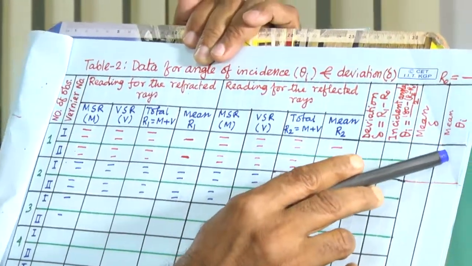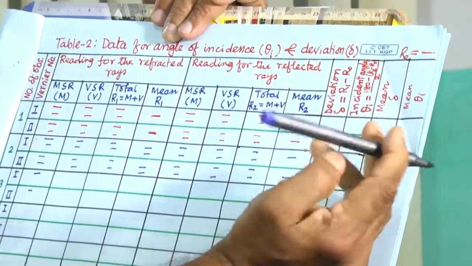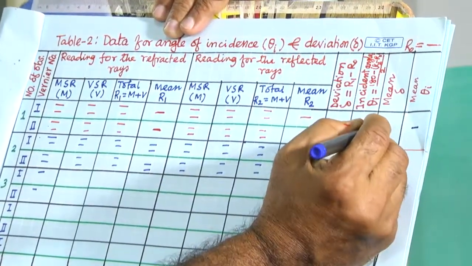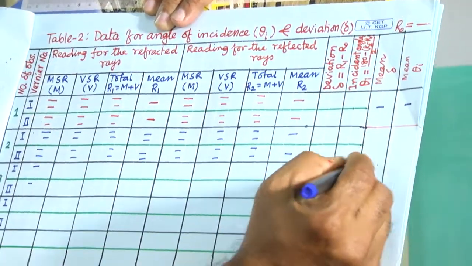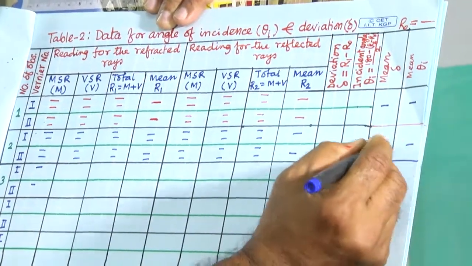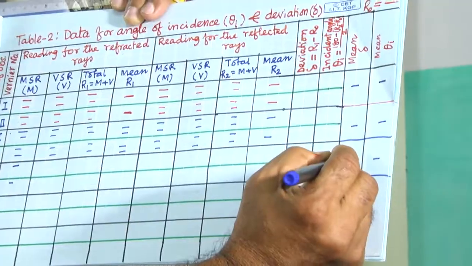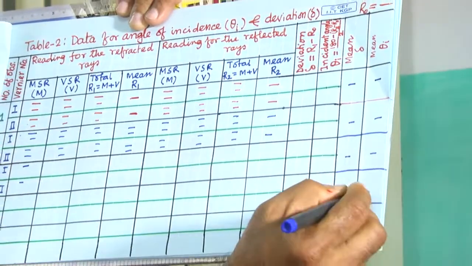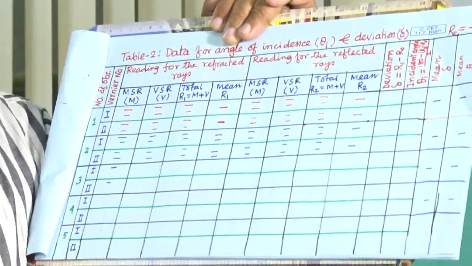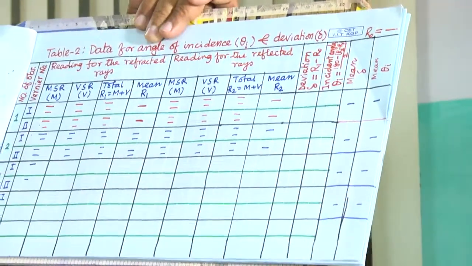So, for a particular angle you are getting a mean deviation, for this angle you are getting another deviation, for this angle you are getting another. So, this way you take at least 10 readings.